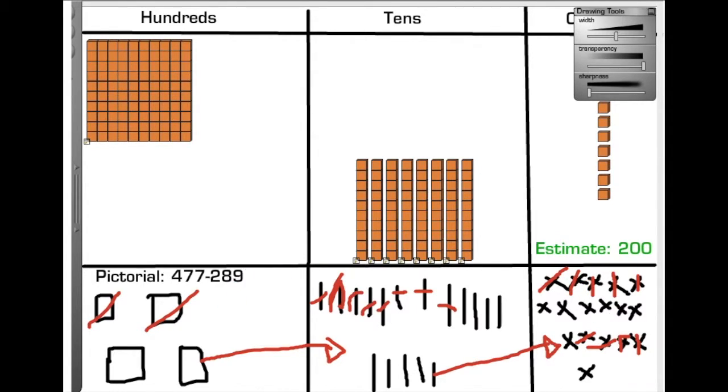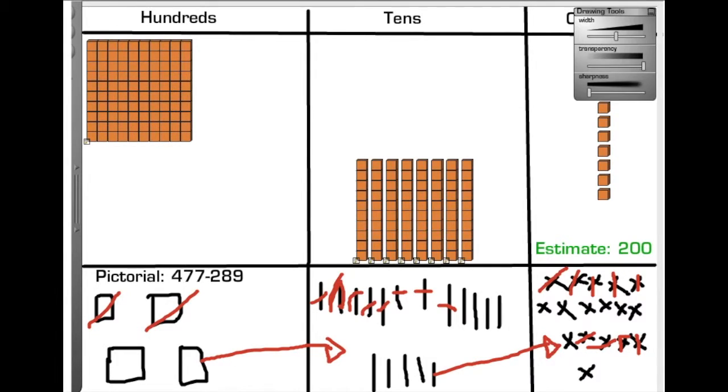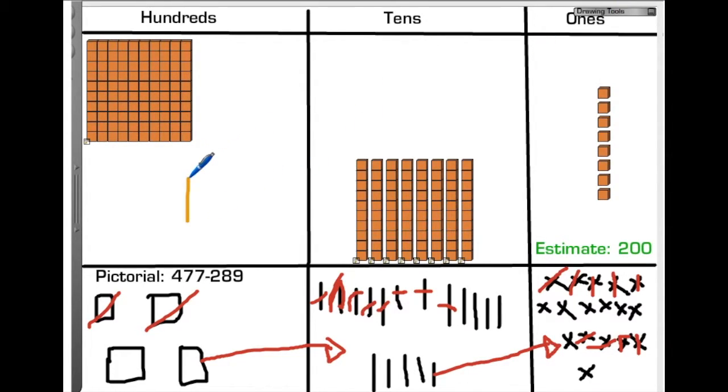Now in order to find our difference, what we have to do is count up the hundreds, the tens, and the ones. So we have 100s, and we have 1, 2, 3, 4, 5, 6, 7, 8 tens, and we have 1, 2, 3, 4, 5, 6, 7, 8 ones.